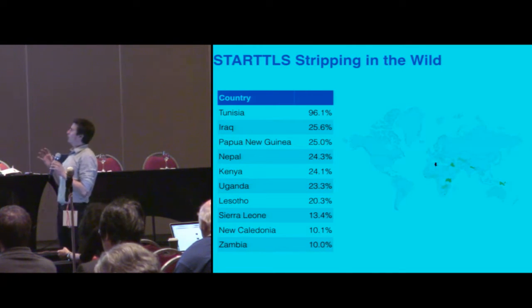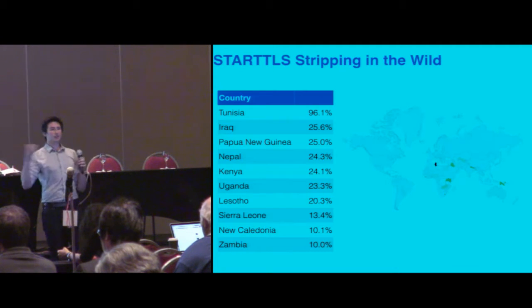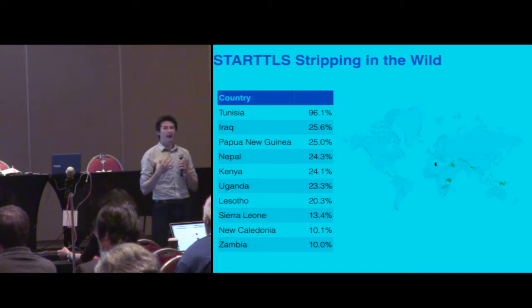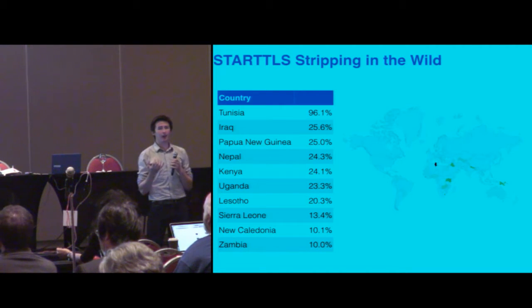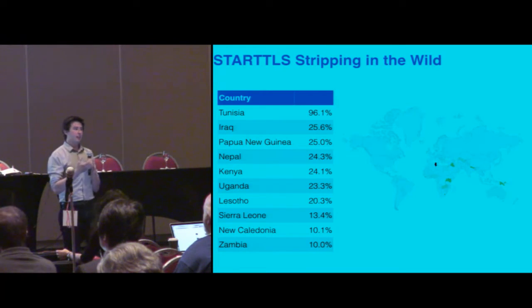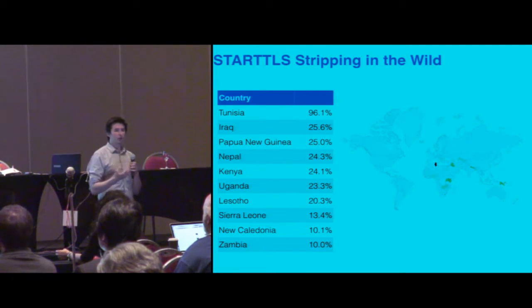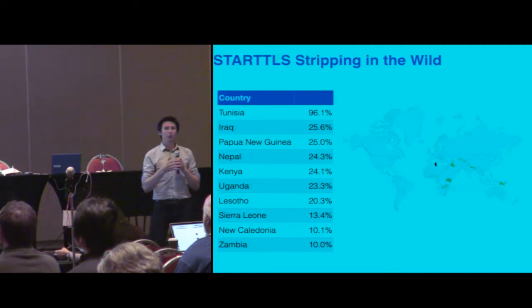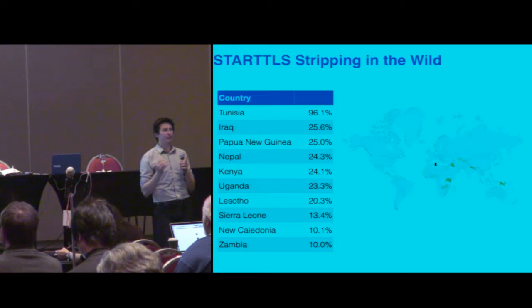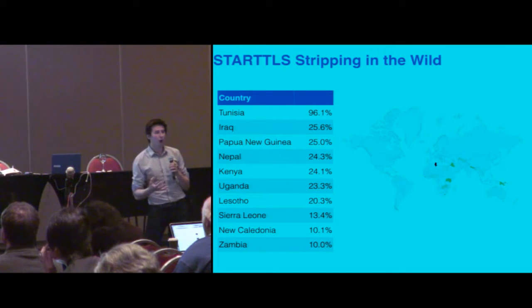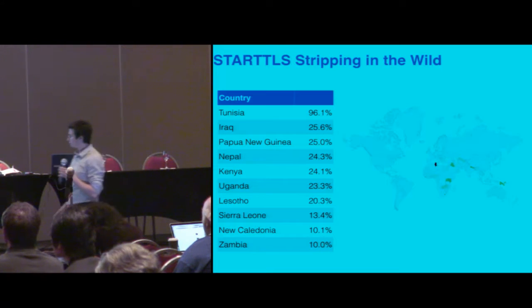The way we can look for this is we do a scan of the entire IPv4 address space, and we look at the commands that come back. You can tell what's been garbled because these aren't real commands. They're gibberish, or a lot of times they're just X's. The device in the middle will take the command and replace each letter with X. The length of the packet stays the same, but then you just need to recompute the checksum of this packet and send it along, and you've prevented this connection.